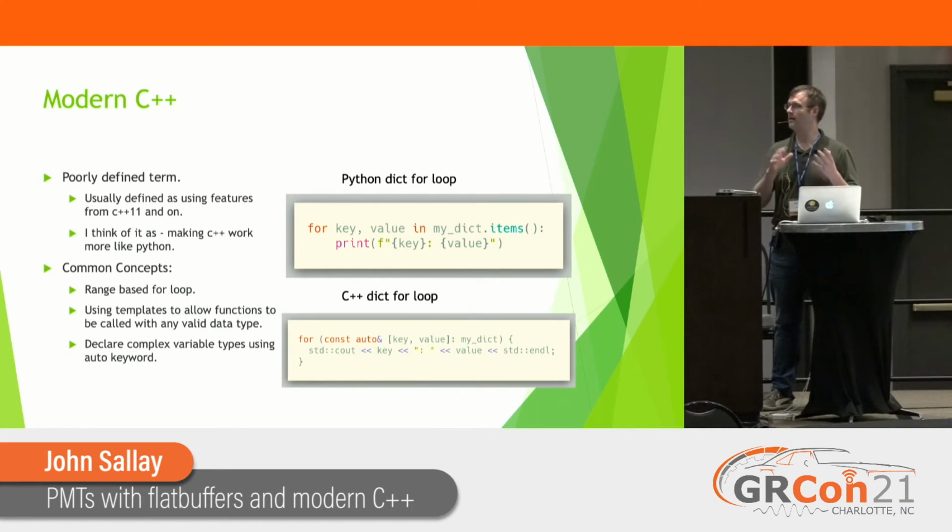And you're going to declare complex variable types using the auto keyword, kind of like in Python how you don't have to know the type to get a return value from a function. So I put up a pretty simple example here. You've got a Python dictionary for loop where I'm just printing out the key and the value in there, and I've got the equivalent for loop in C++ using these features. And it's not quite as simple as the Python, but I think it's pretty slick how close it is.